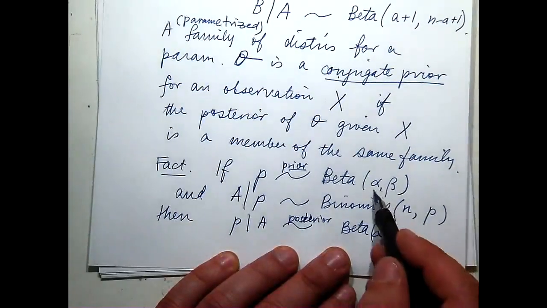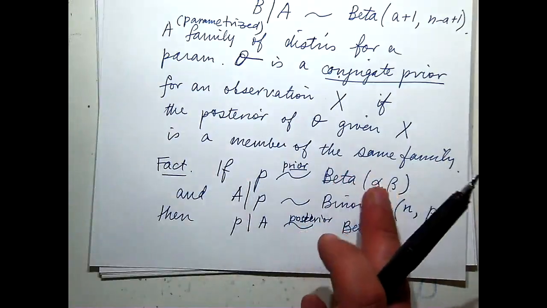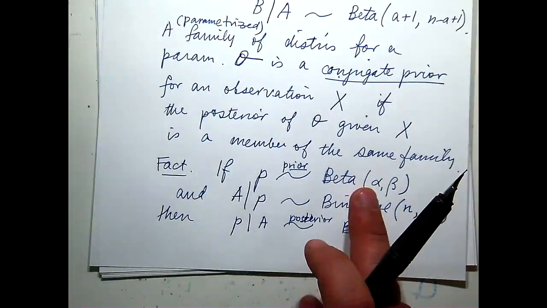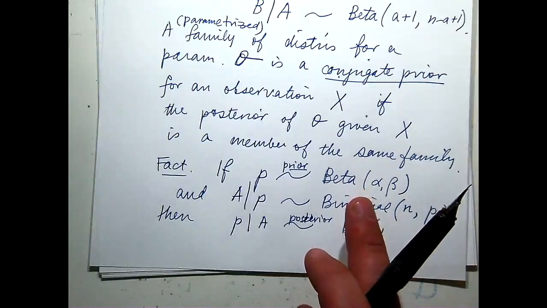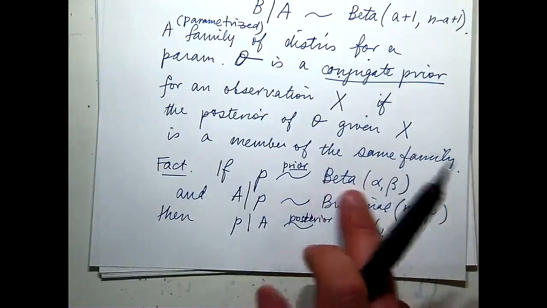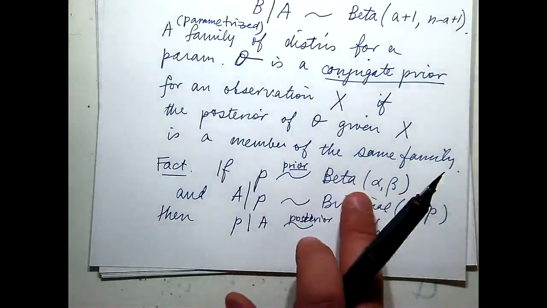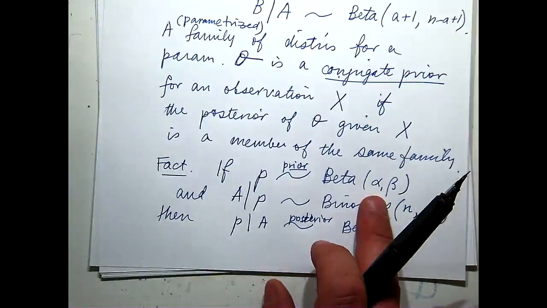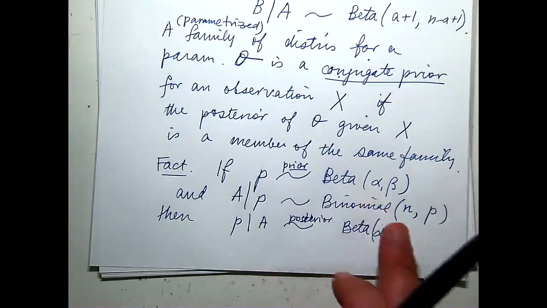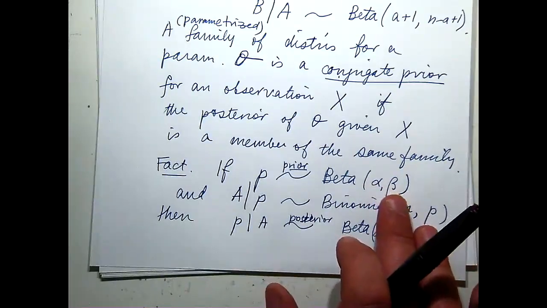Alpha was, so remember prior has something to do with subjective knowledge. Well, you know, alpha is sort of, I'm pulling alpha units worth to the left and beta units worth to the right. Another way to think about the prior is that, as if I think, from previous experiments, alpha out of alpha plus beta times, it would have been a success. Now, beta 1, 2 is not the same prior as beta 2, 4.